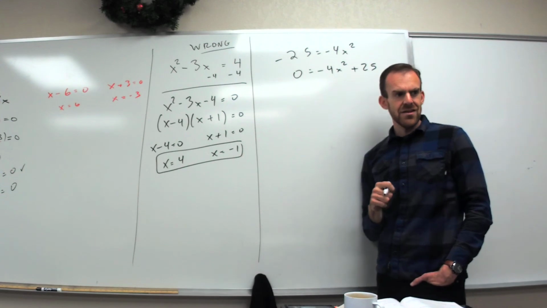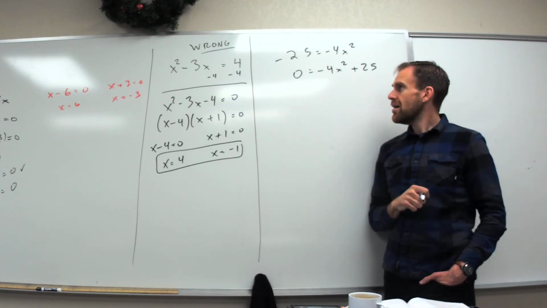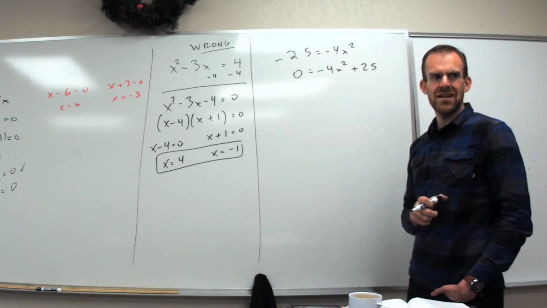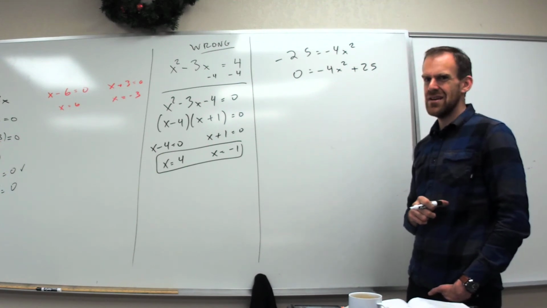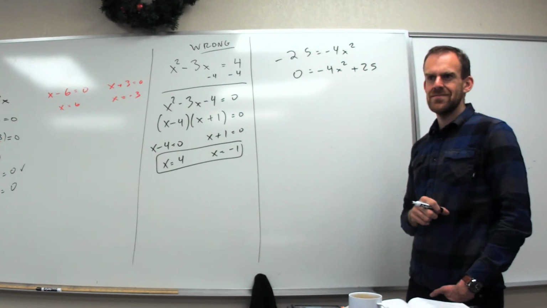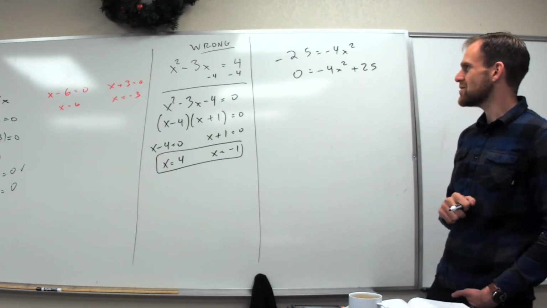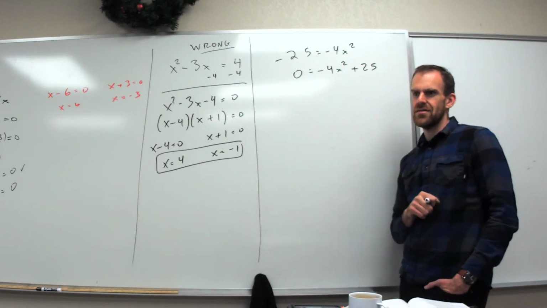And can I factor this? Yeah. Well, what does this look like to you? Do you see it? I see it. You have to. What is it? We have 0 equals negative 4x squared plus 25.